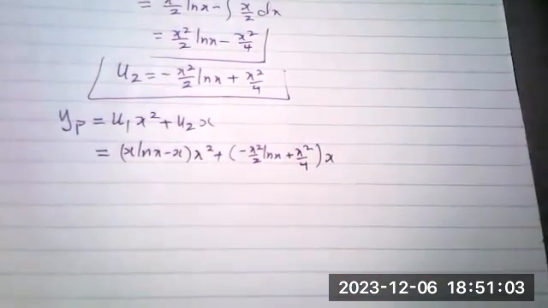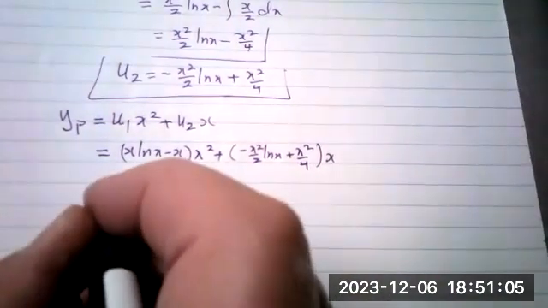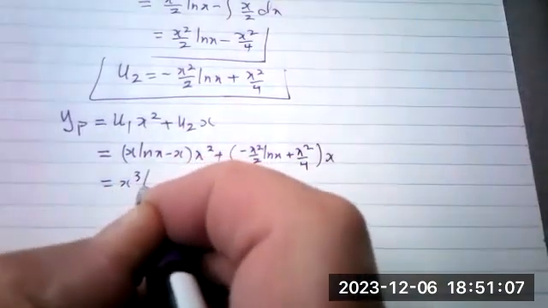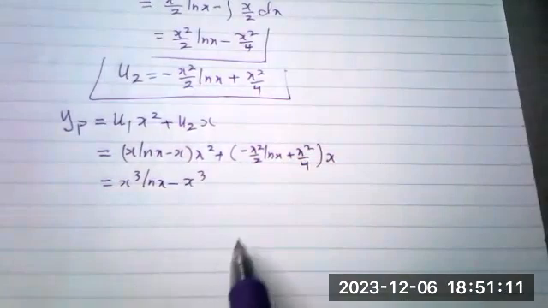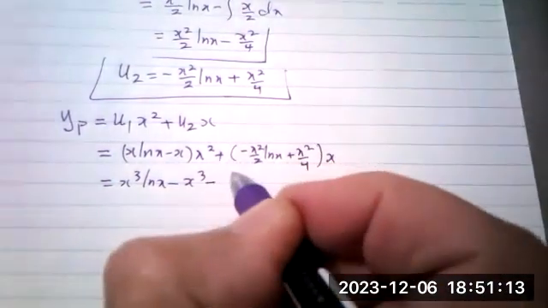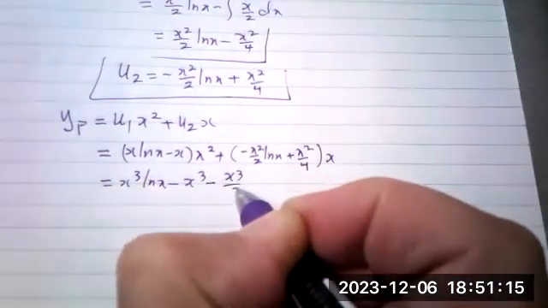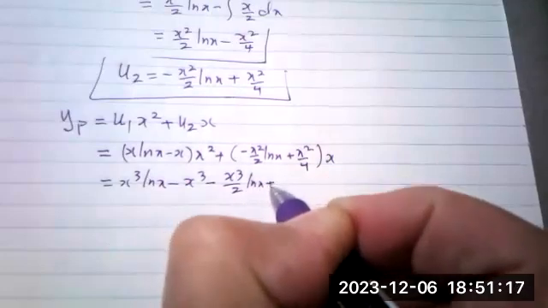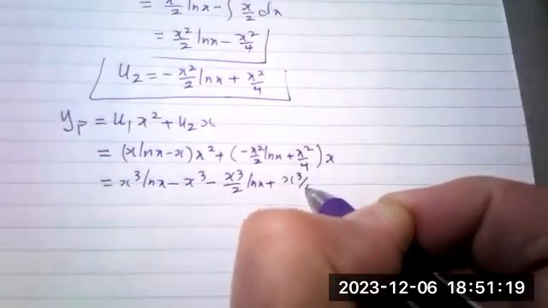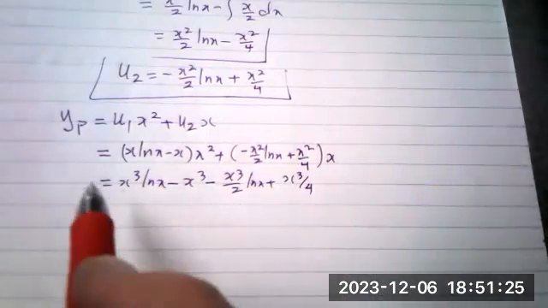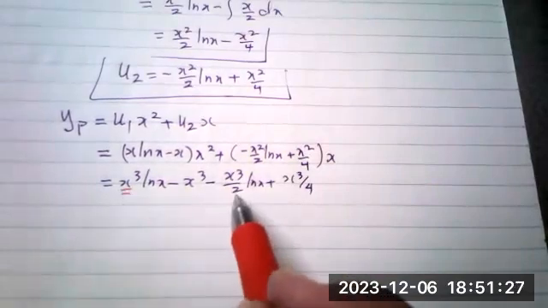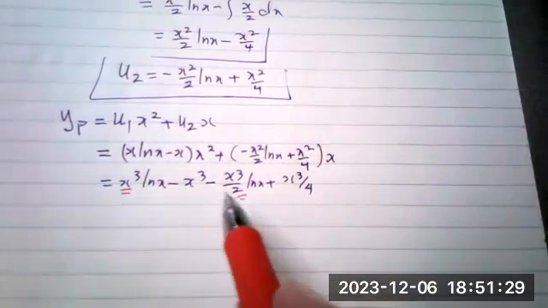You have to simplify it. So what's going to be the result? X cubed ln x minus x cubed. And over here is going to be minus x cubed over 2 ln x plus x cubed over 4. And we have some like terms to combine together. So this is going to be 1, and this is going to be half.